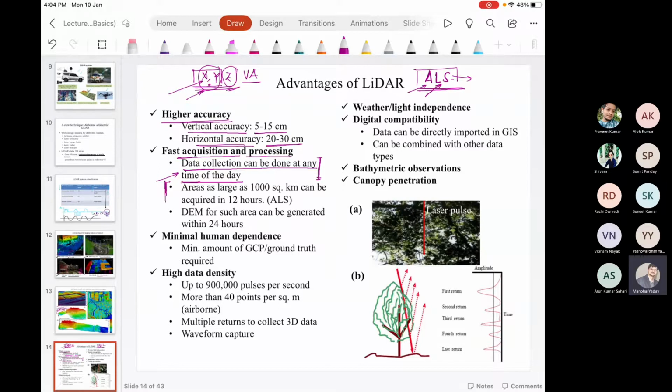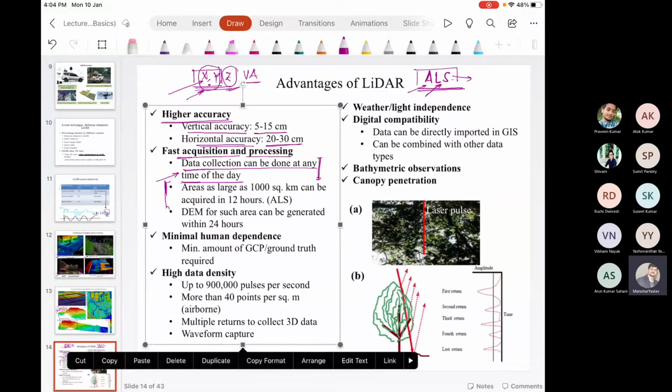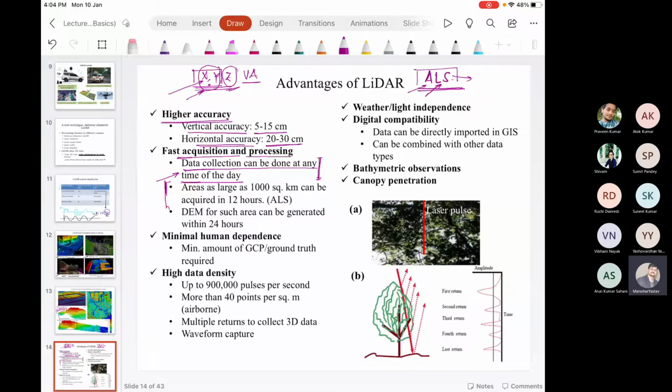If you see the data acquisition time, then for general understanding, 1000 square kilometer data can be acquired in only 12 hours. 1000 square kilometer is a very large area, but data acquisition can be done in 12 hours.